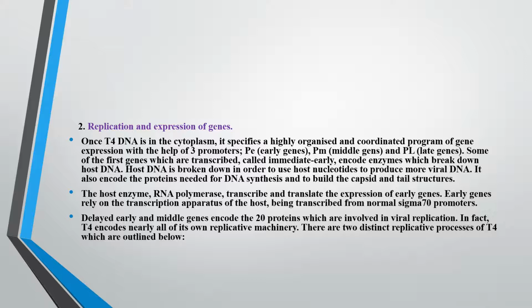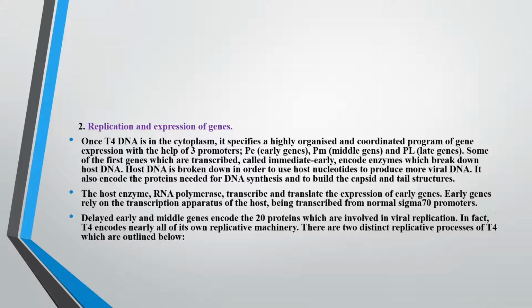When the host DNA is broken down, the host nucleotides are used to produce viral DNA. It encodes the proteins needed for DNA synthesis, which leads to the building up of capsid and tail structures. The host enzyme RNA polymerase transcribes the early genes.